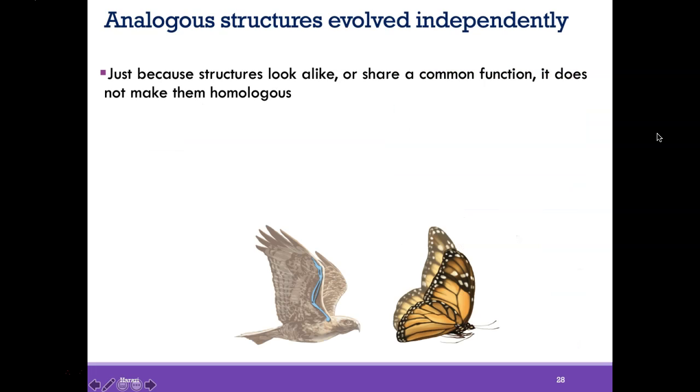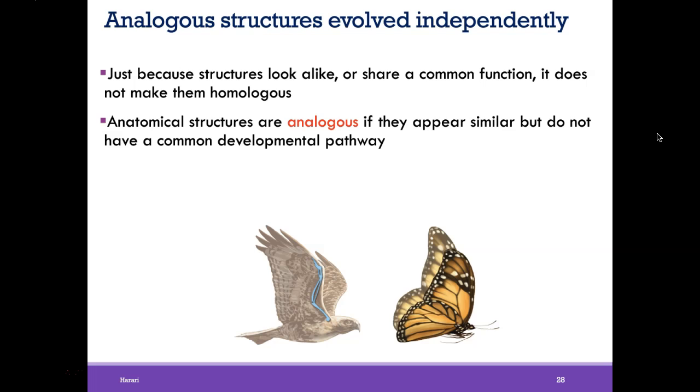So just because structures look alike or share a common function, it does not make them homologous structures. Anatomical structures are considered analogous, not homologous, if they appear similar but do not have a common developmental pathway.